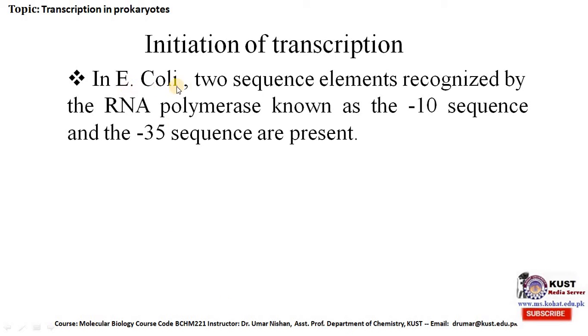In E. coli, two sequence elements are recognized by the RNA polymerase, known as the -10 sequence and the -35 sequence. -10 means 10 bases upstream of the start of transcription, and -35 means 35 bases upstream of the start of transcription.